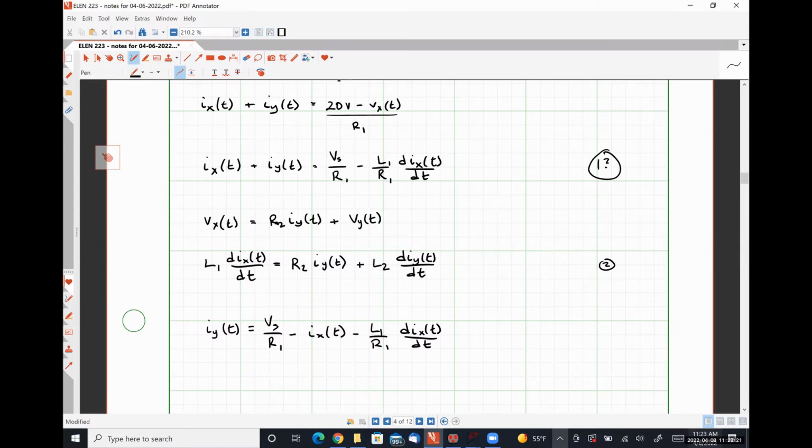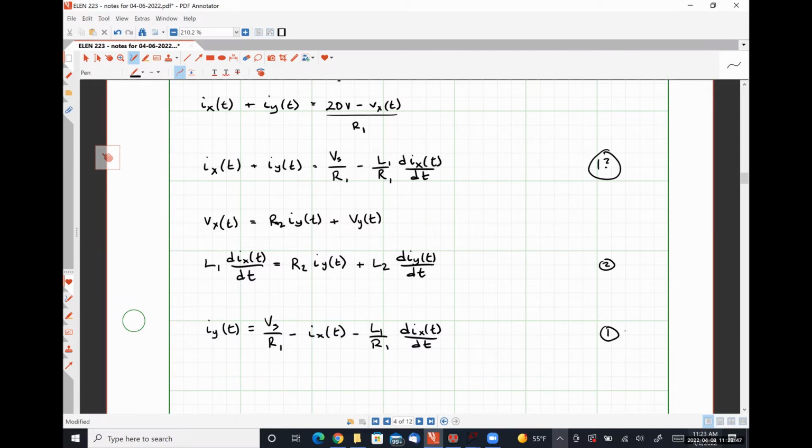Did I do my algebra correctly here? All I'm trying to do is pull this factor of Ix of t to the right-hand side of the equal sign. Okay. I think I did correctly by putting a negative sign in front of it. All right. So let's call that the real equation 1.